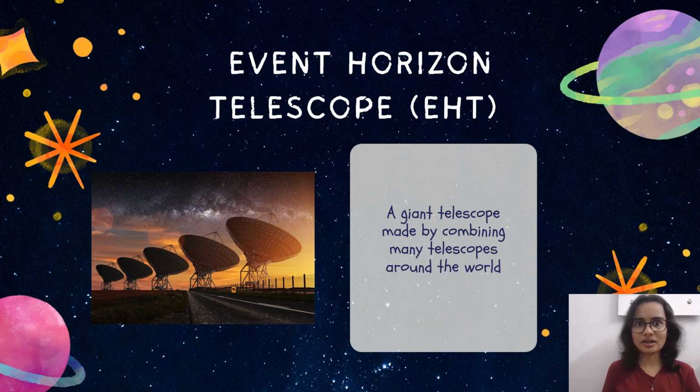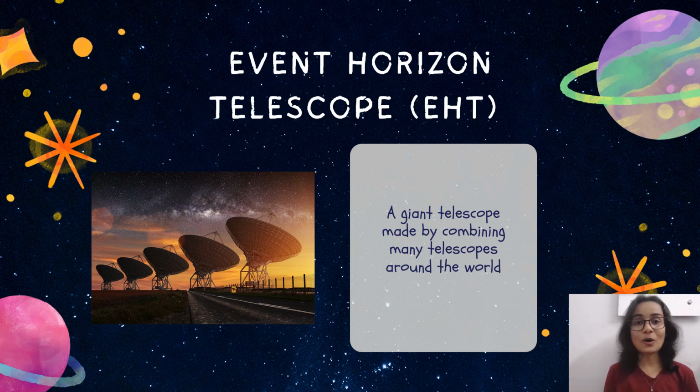So just think about it. Is it really practically possible to build a telescope which is as big as Earth? Definitely not, right? That is why we have placed a lot of telescopes all across the globe, and we gather the information from each telescope, and then we get a clear picture of a targeted object.